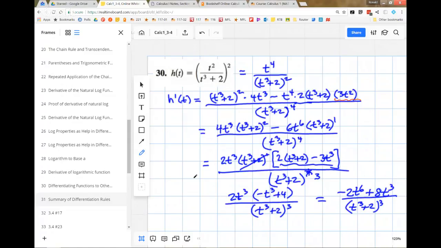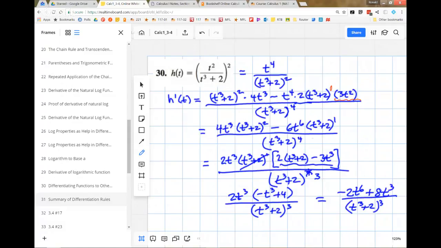Because when you take the derivative of the denominator, you do the power rule, 2 times t cubed plus 2 to the 1st. And then, the inner function, derivative of t cubed is 3t squared. Anyway, over denominator squared. And then I just multiplied some things out.